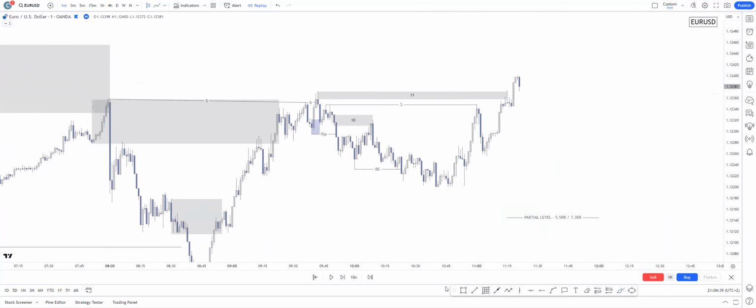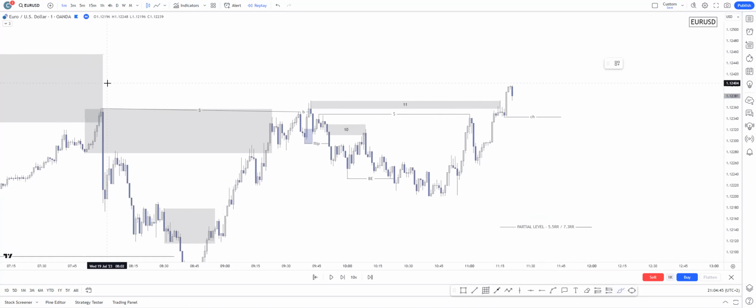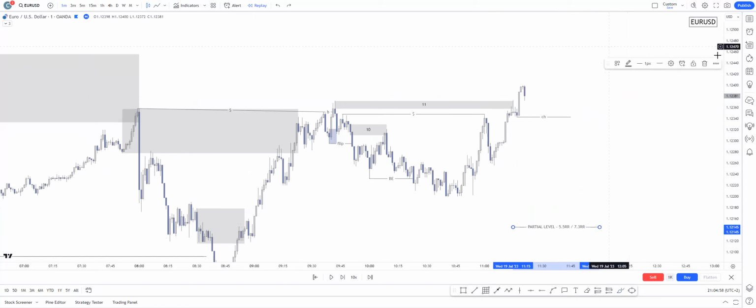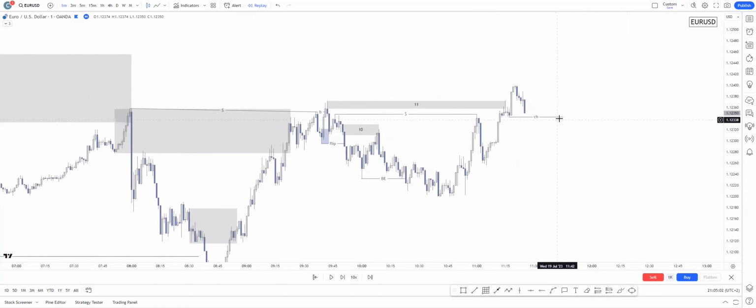Let's see what happens. We have a new character changing point after this 15-minute 50% supply zone mitigation, and technically this could be liquidity for the higher supply area right here. So let's see if a change of character happens or not. We still have 30 minutes left from the session.